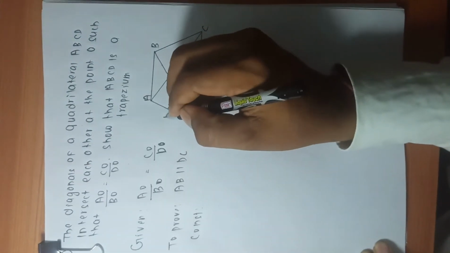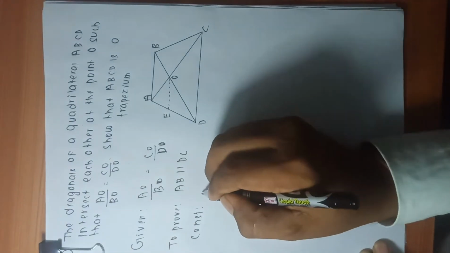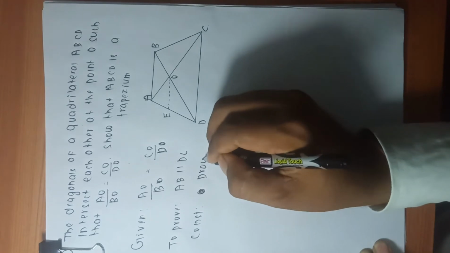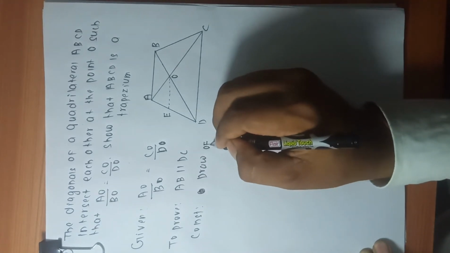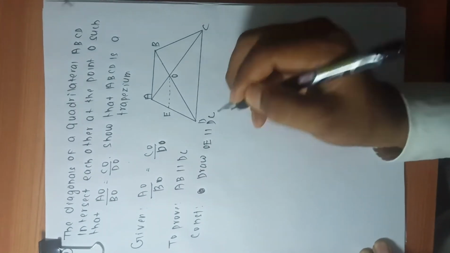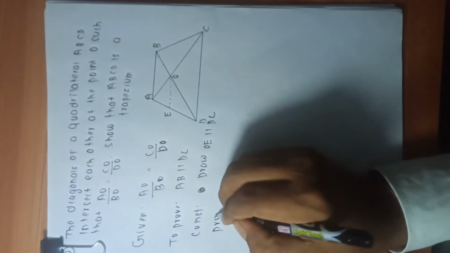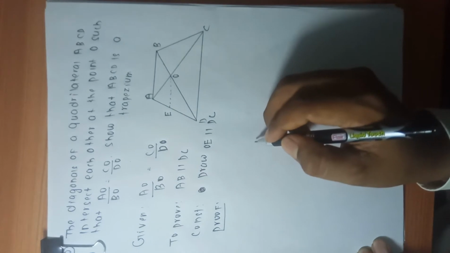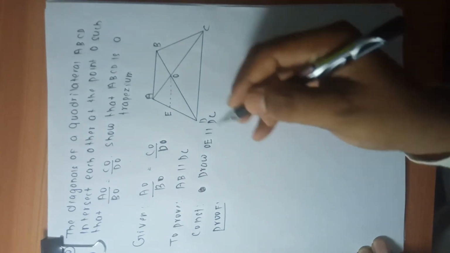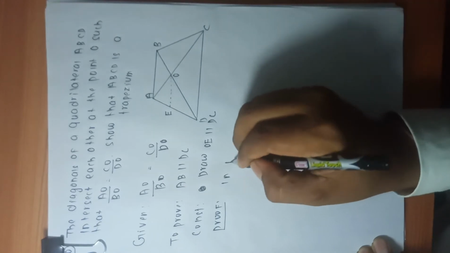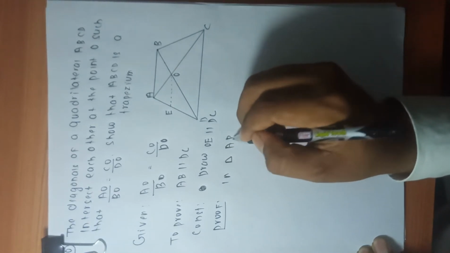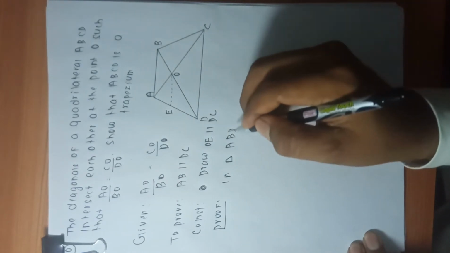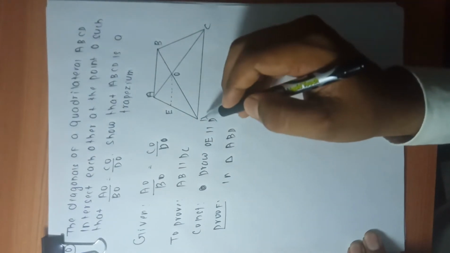We draw OE parallel to DC. Proof: we have a parallel line, so we can apply the basic proportionality theorem. We take triangle ABD, and DC lies in triangle ADC.